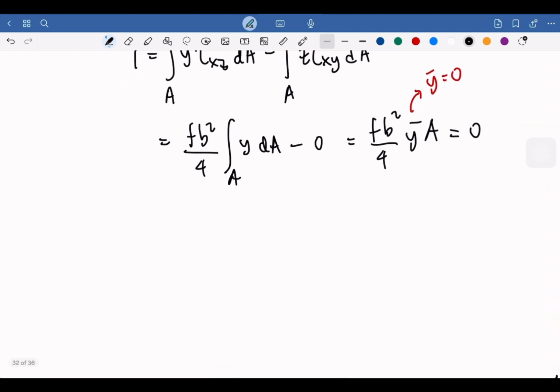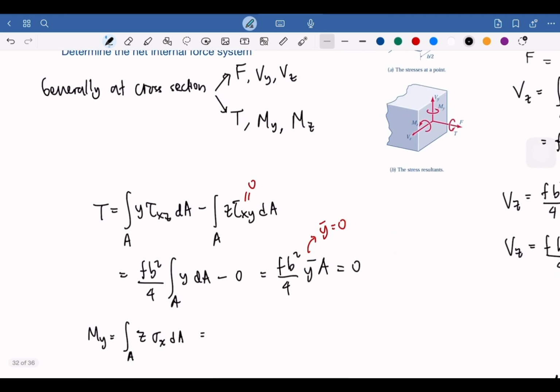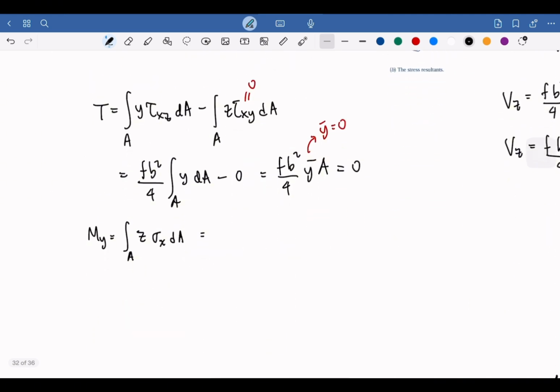Okay, now the bending moment for y. This is z sigma x dA. Sigma x will be this, so we are going to write all of that. So I will just write all the components here.